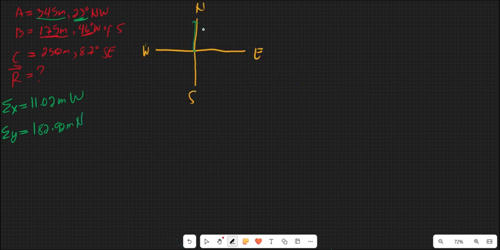Let us now illustrate the x and y vector components that we solved using the head-to-tail method so that we can easily solve the resultant vector. Since they form a right triangle and we are given the two side lengths, we can now use the Pythagorean theorem, which is c squared is equal to a squared plus b squared, where a and b are the x and y components and c is our resultant vector.